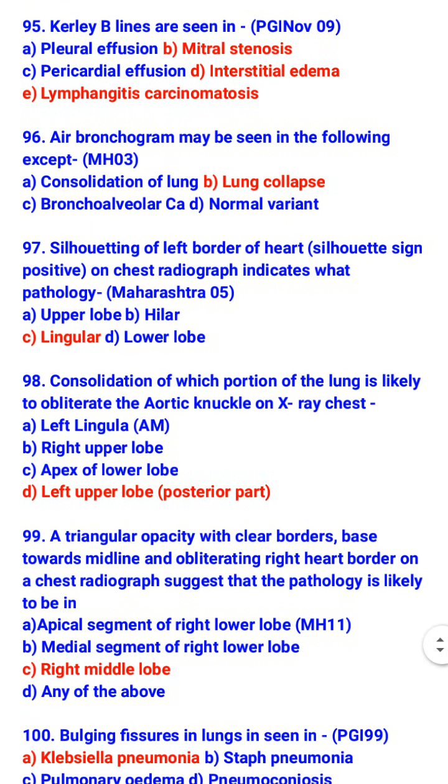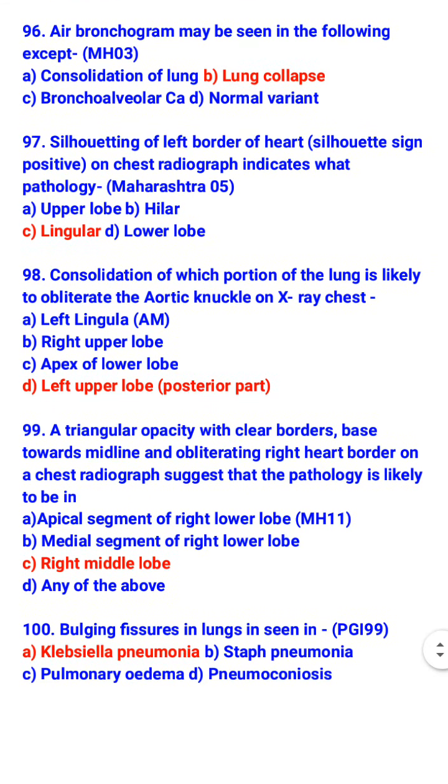Consolidation of which portion of the lung is likely to obliterate the aortic knuckle on X-ray chest? Left upper lobe, posterior part. A triangular opacity with clear border, base toward midline, and obliterating right heart border on a chest radiograph suggests that the pathology is likely to be in the right middle lobe. Bulging fissure in the lung is seen in Klebsiella pneumonia.